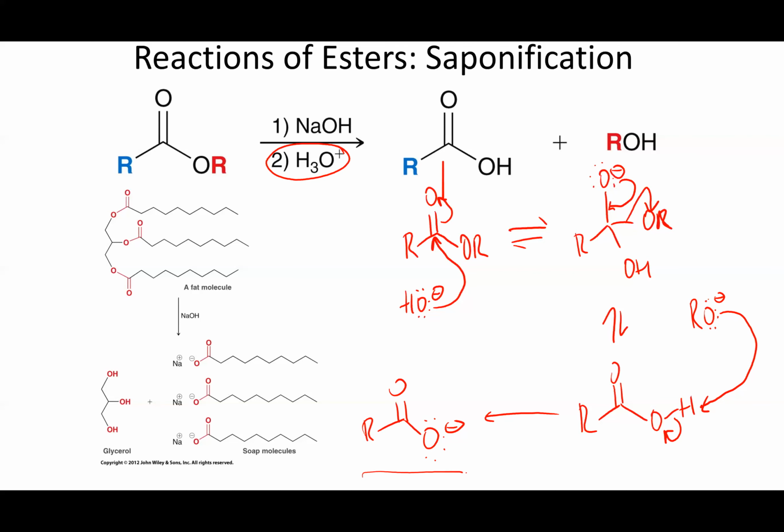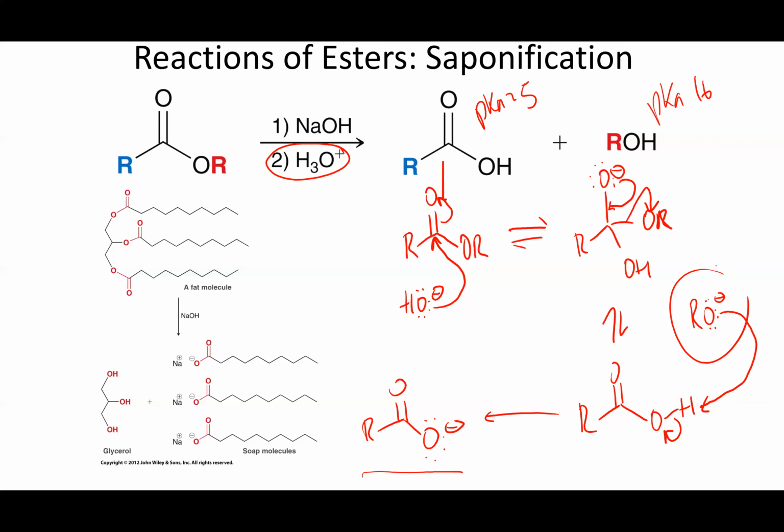But without this deprotonation step, the reaction doesn't go to completion. And remember, we're talking about a carboxylic acid that has a pKa of about 5, and the alcohol has a pKa of about 16. So you can see that this conjugate base here will do that deprotonation.